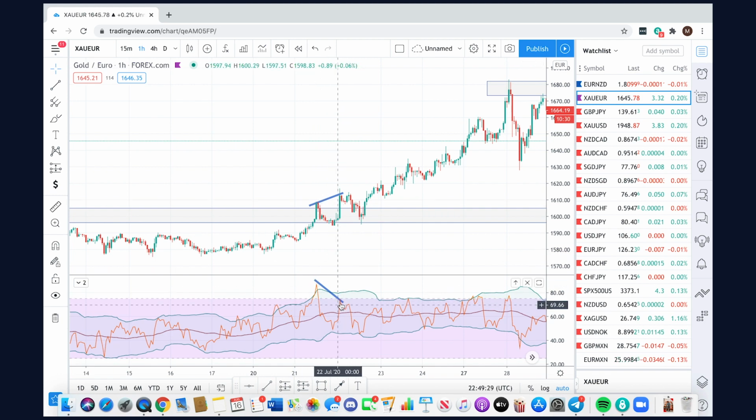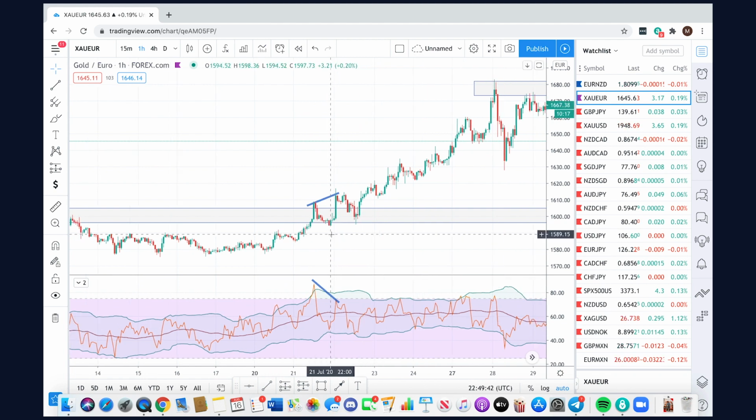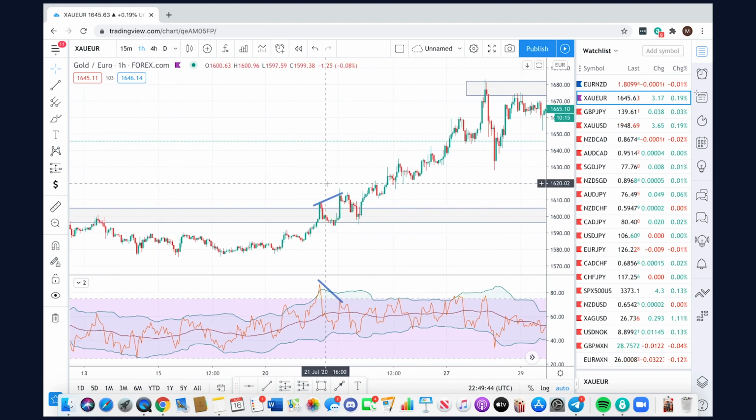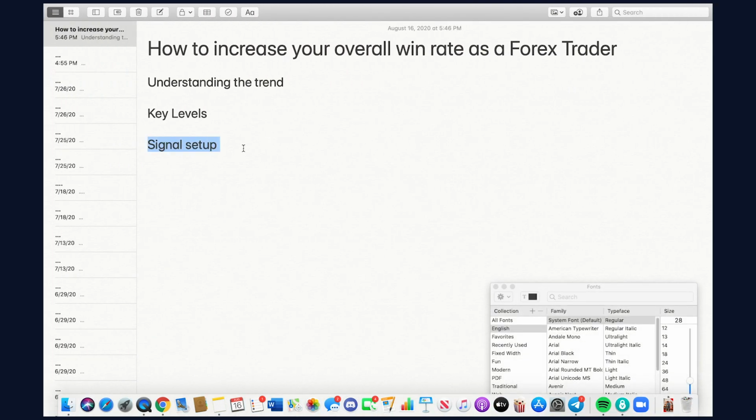You can see that this high is lower than this high. So you have a higher high and a lower high. You can see a slope heading upwards here, and a downward slope on the indicator, which is the RSI.